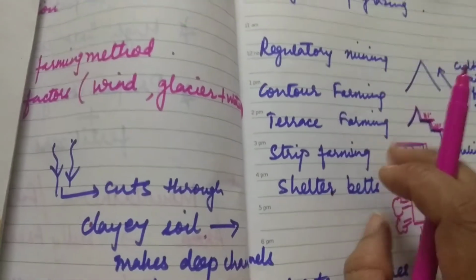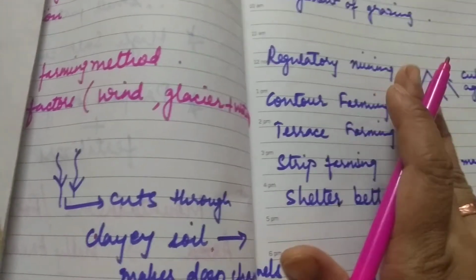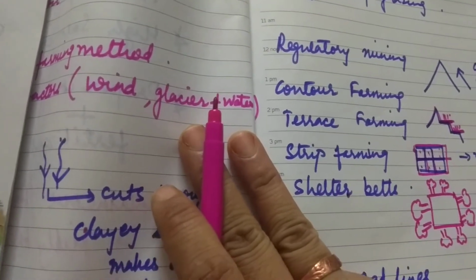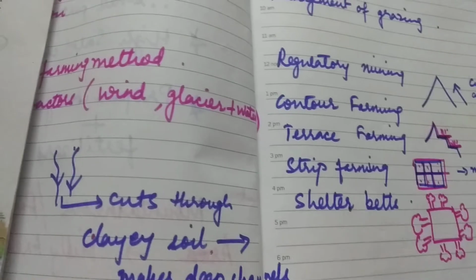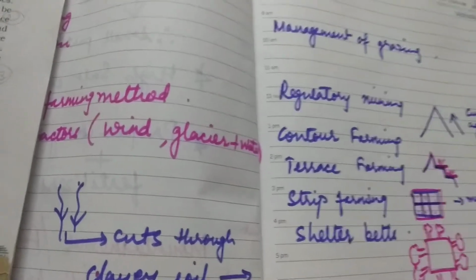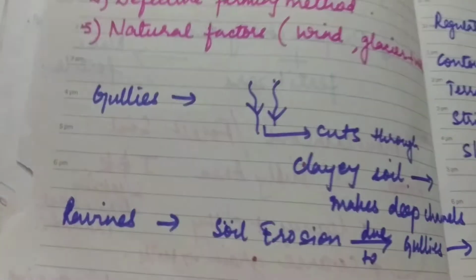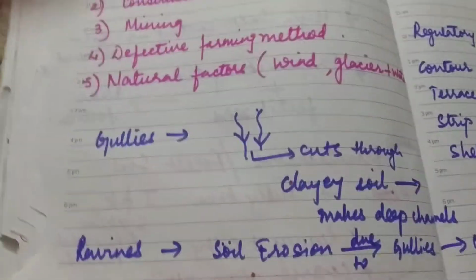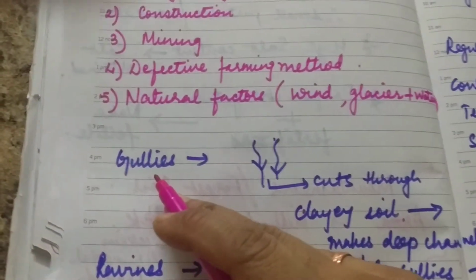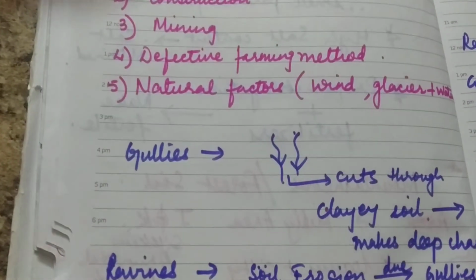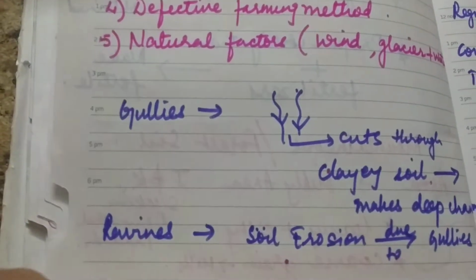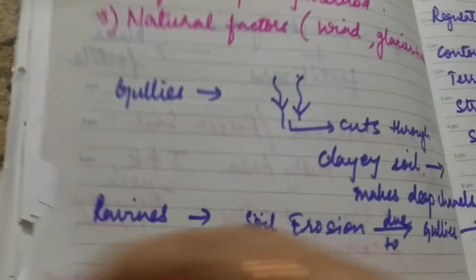Now you can compile this section along with the land degradation section, and you can write a 5 marks question. A few more concepts which you should know, that is gullies. So what are gullies? Gullies are channels which are cut through the clay soil.